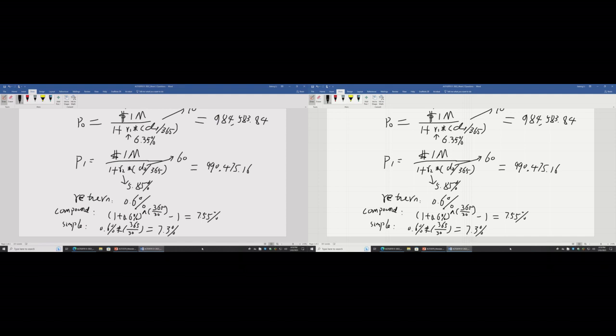So either way is fine. But the compounded interest rate way is preferred because sometimes you also need to compare the short investment with the long term. You have to be consistent. So 7.5% or 7.3%, both are okay. All right, so that's how we analyze this return.